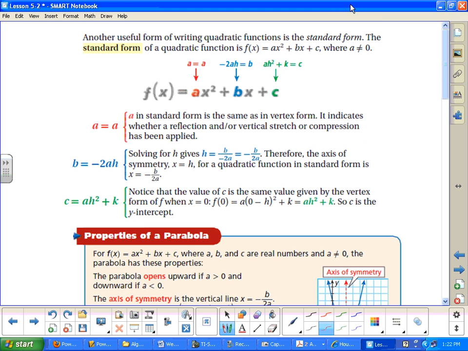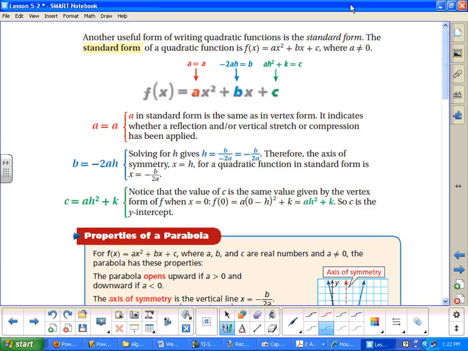Now, most of the time, you're going to see quadratic functions written in standard form, ax squared plus bx plus c. When we did this back in Algebra 1, we did a lot of things with that. We did a lot of factoring with it. But you always saw it in this form, and that's called standard form. The a in standard form is the same as the a when it's in vertex form.